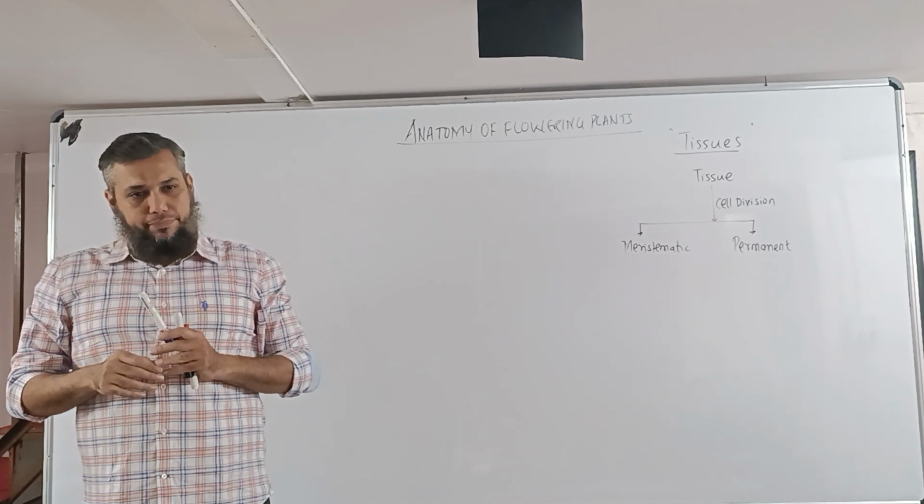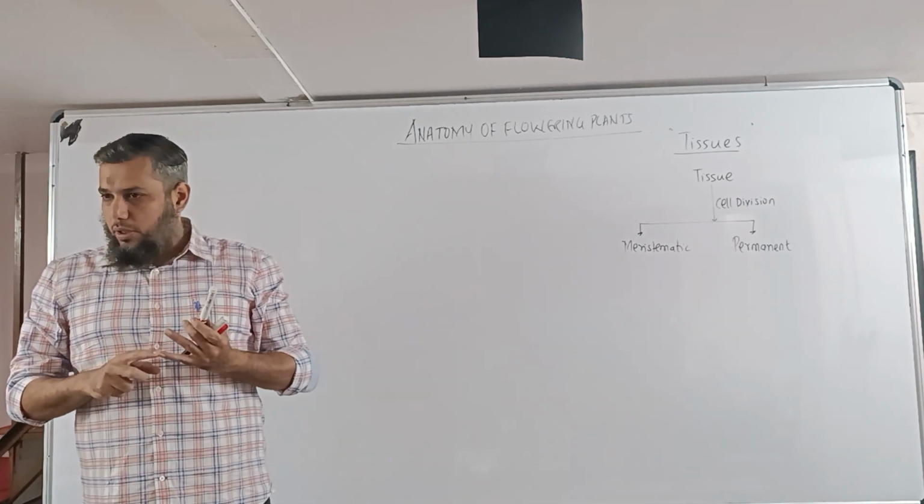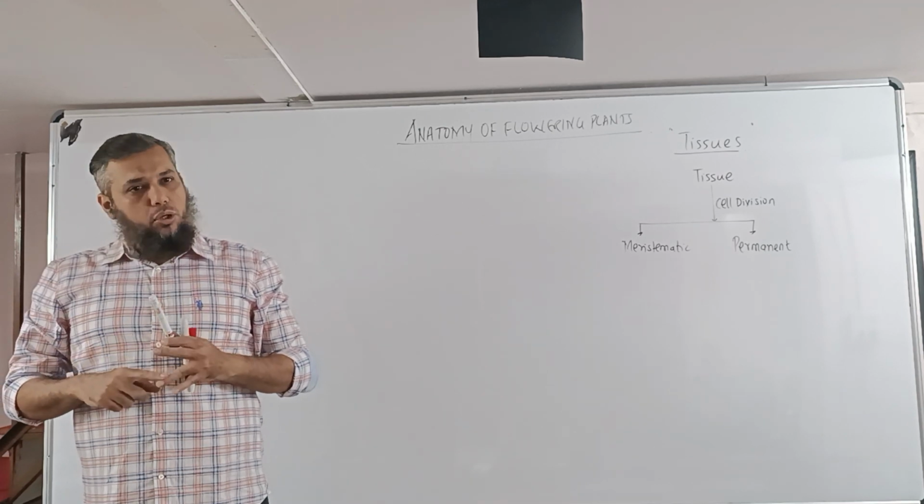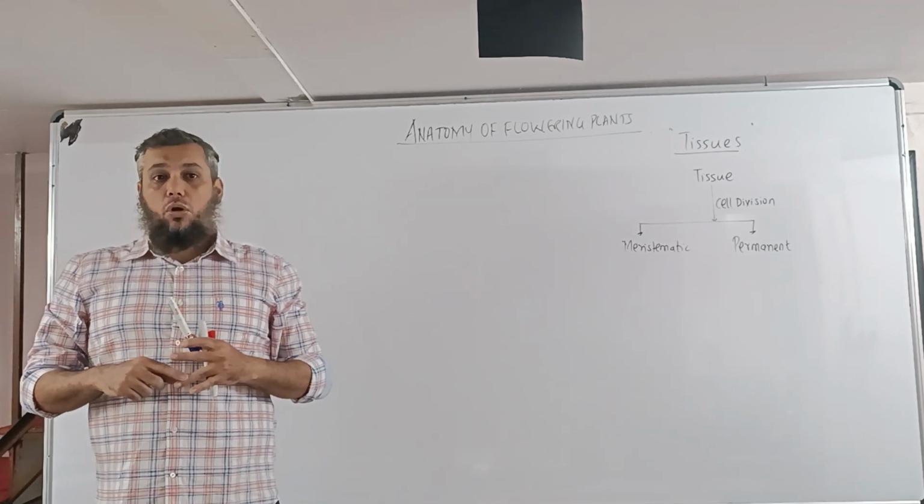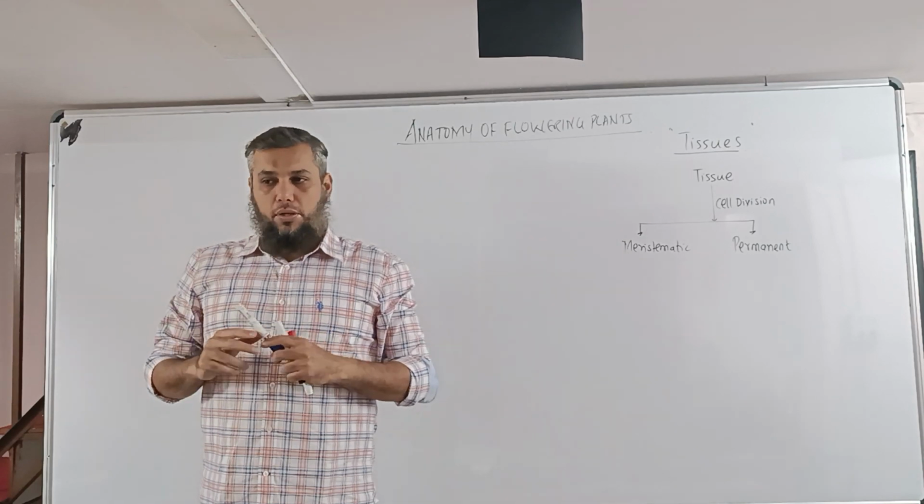Now, before we delve into the chapter, there are 4 terminologies you should be very clear about, because I am going to use them in anatomy, you are going to learn them in plant growth and development, and you are going to use them in other chapters of botany.